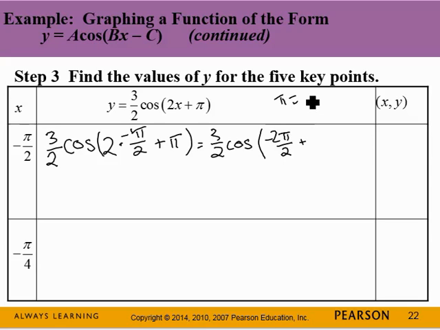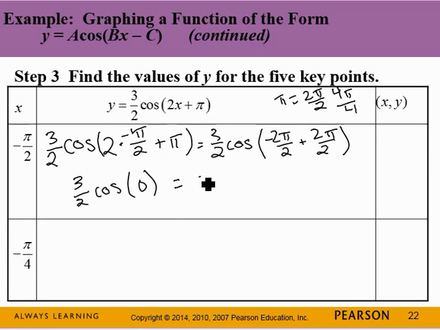And we know that pi is really 2 pi over 2 or 4 pi over 4. So if you go to cosine 0, that's 1. So you have negative pi over 2, and then 3 over 2.